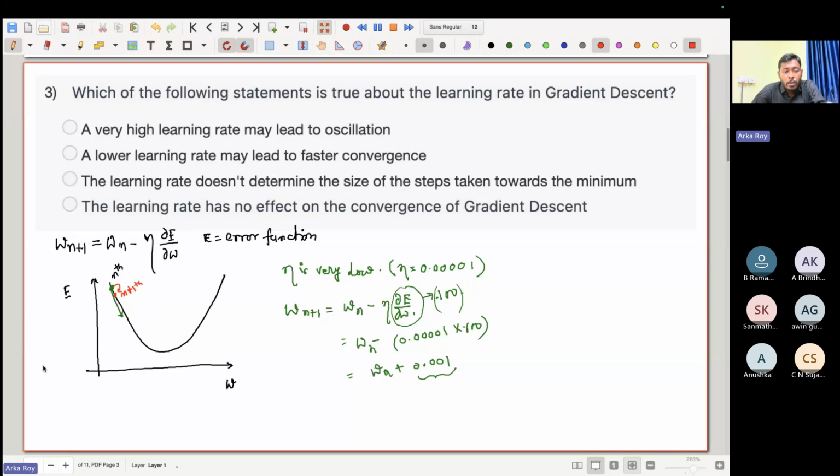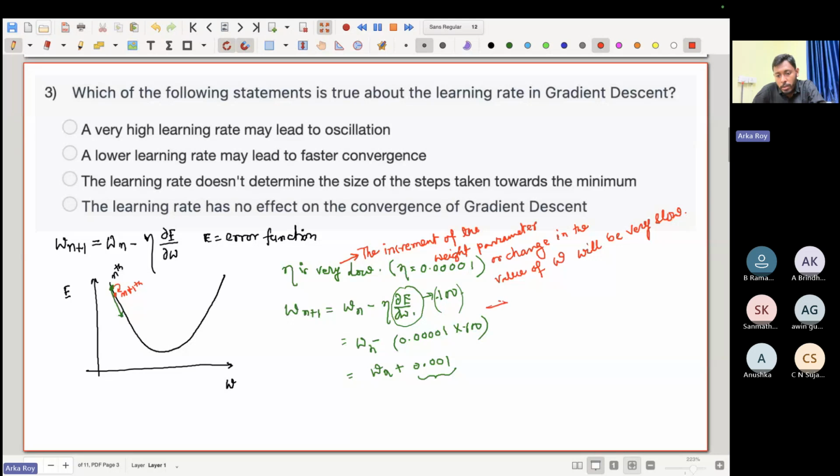So that means if your eta value is very low, the increment of the weight parameter, or the change in the value of W, will be very slow.